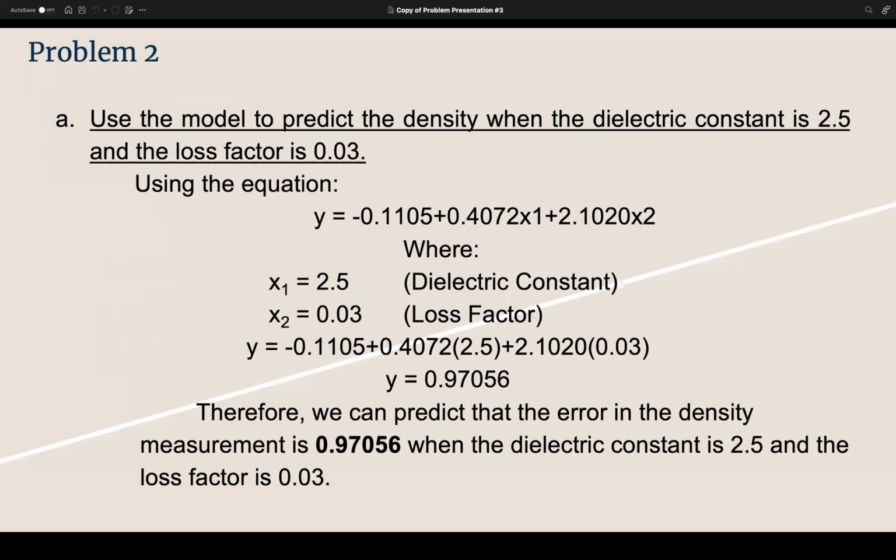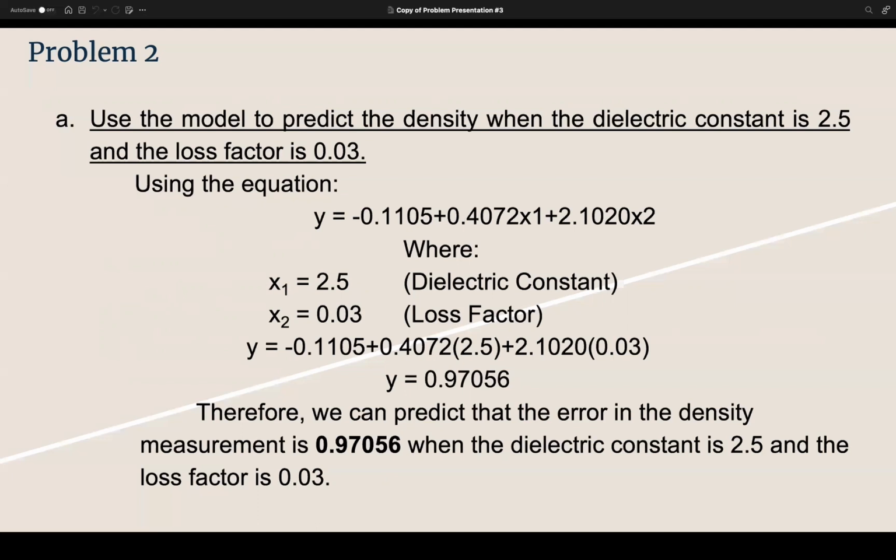Now, predict the density when the dielectric constant is 2.5 and the loss factor is 0.03. We just need to plug in the values, where x sub 1 is the dielectric constant and x sub 2 is the loss factor. Substituting those values into the equation we got earlier gives y equal to 0.97056.